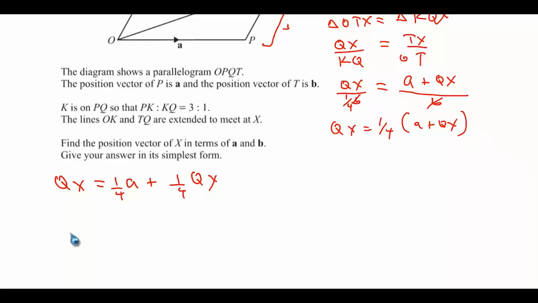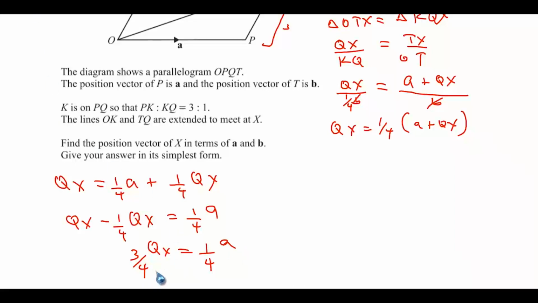I can collect like terms. I have QX minus 1 over 4 QX equal to 1 over 4A. So this will give me 3 over 4 QX equal to 1 over 4A.